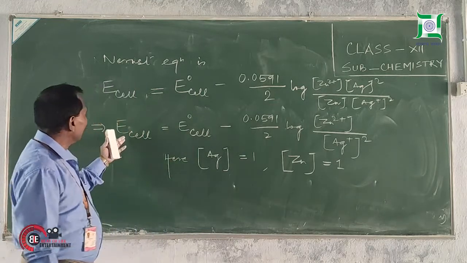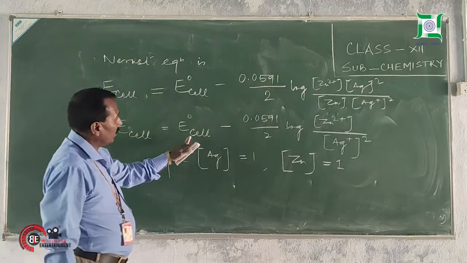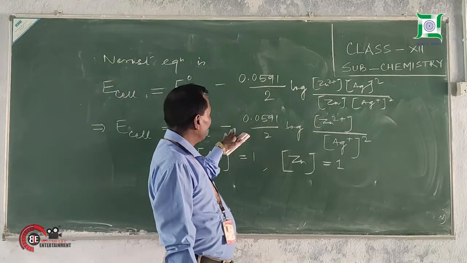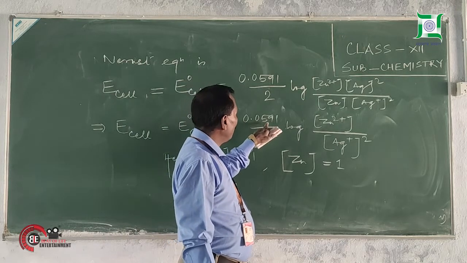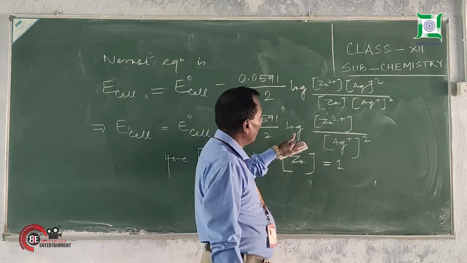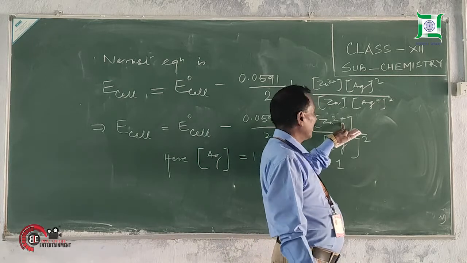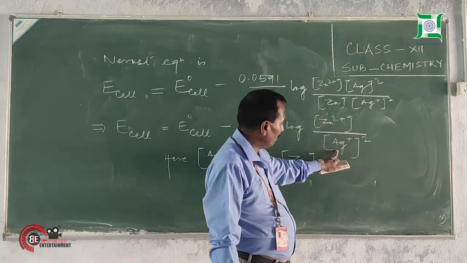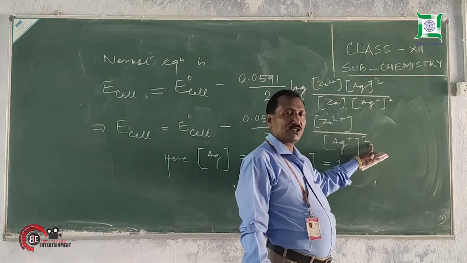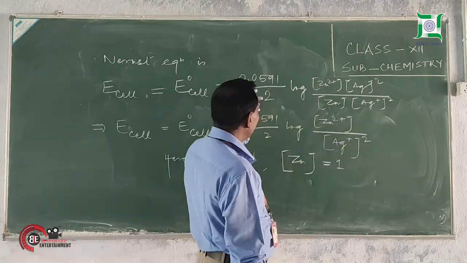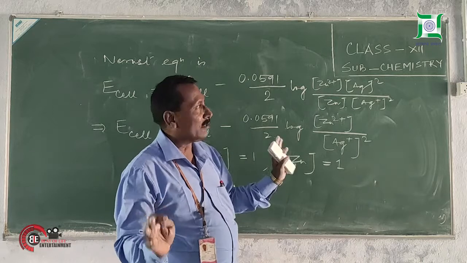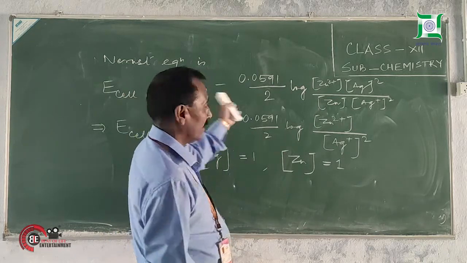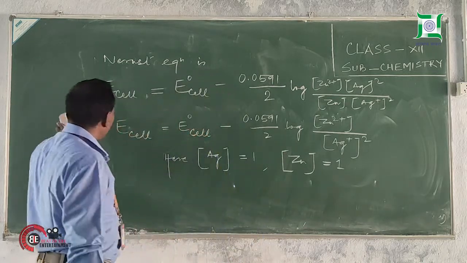So we can write E cell is equal to E naught cell minus 0.0591 by 2 log concentration of Zn2+ divided by concentration of Ag+ raised to the power 2. In this way, for any galvanic cell we can write the Nernst equation.